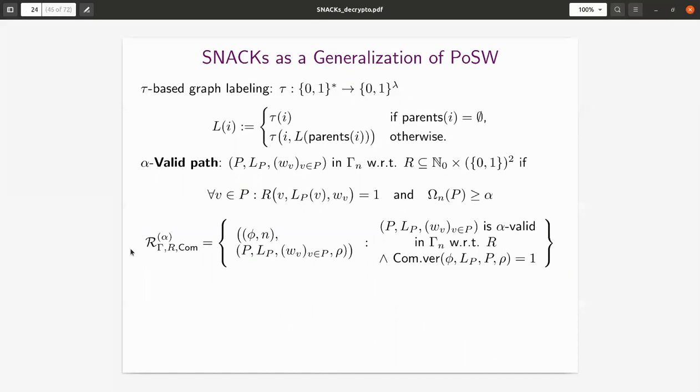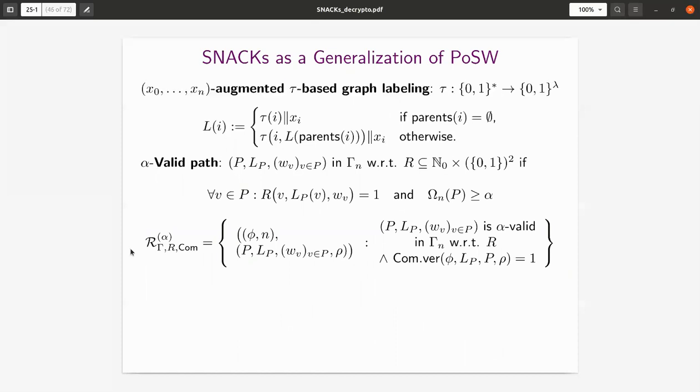The first thing that we generalize is the notion of labeling. So here, labels do not only contain just the labels from the random oracle, but they can contain some arbitrary bit strings. And we call such labeling X-augmented tau-based graph labeling. And these X's will intuitively incorporate the blockchain related content in the blocks.